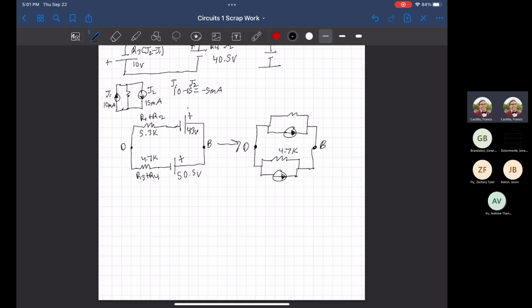What is changing is our source, simply by doing V equals IR, or in this case, I is equal to V divided by R. We know that this current source here is going to be 43 over 5.3 K, which is about 8.132 milliamps.